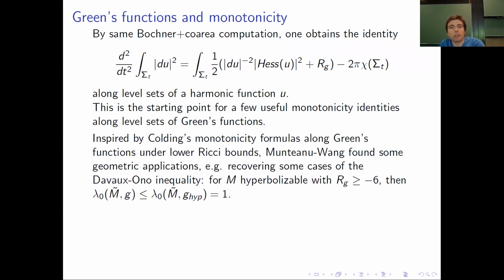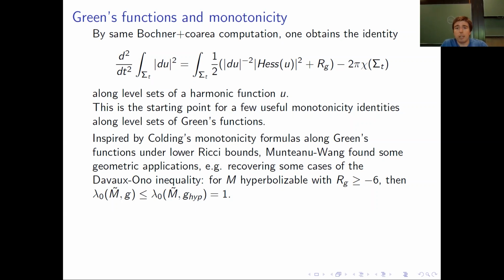So one of the first results along these lines is by Munteanu and Wang, who were taking inspiration from various monotonicity formulas that Colding had used in his study of manifolds with lower Ricci bound. So he'd been looking at monotonicity formulas precisely along level sets of Green's functions in this setting.